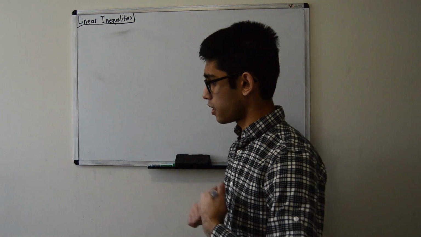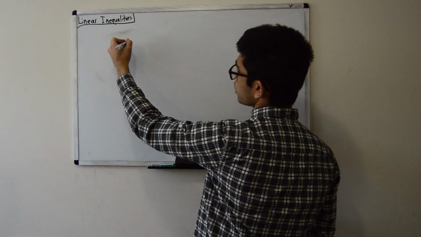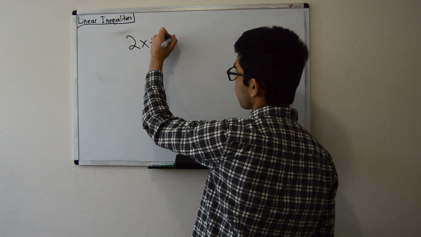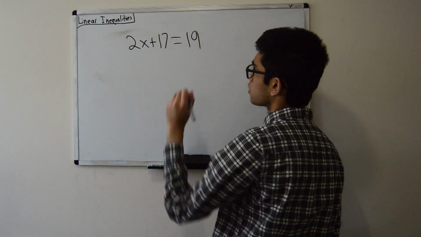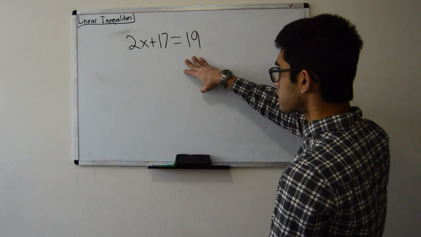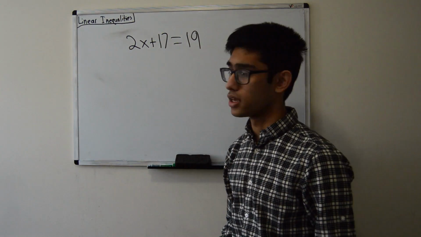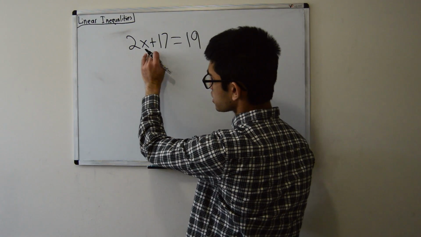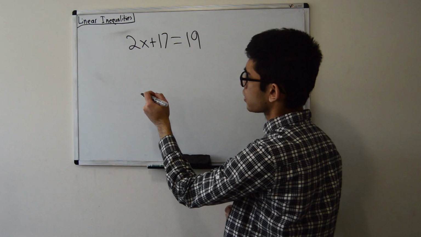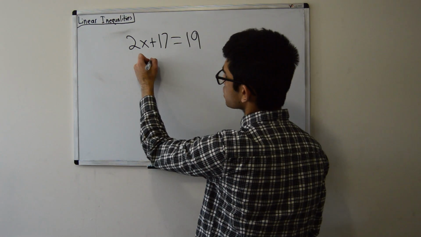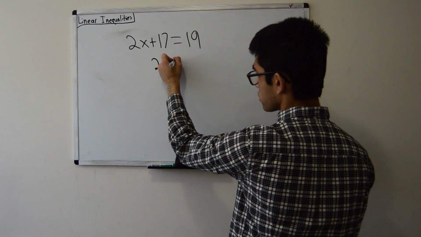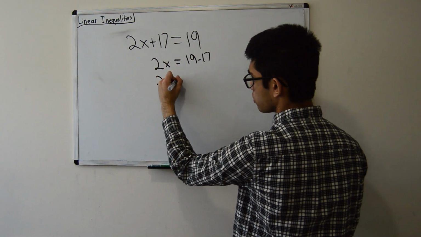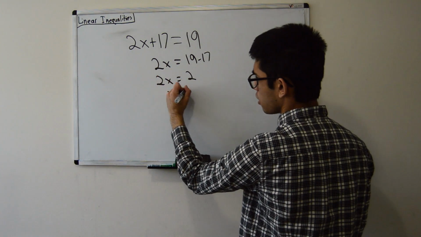Alright, so if I am correct in judging, you have probably done stuff like this in grade 7 or 8. This right here is a basic algebraic equality. What that means is that a number times 2 plus 17 is equal to 19, right? So if you were to solve this, you would bring the 17 onto the other side, 19 minus 17, and then you would have 2x equals 2, and then x equals 1.